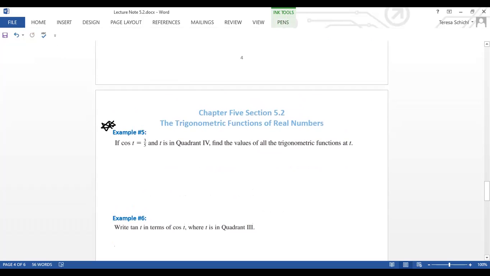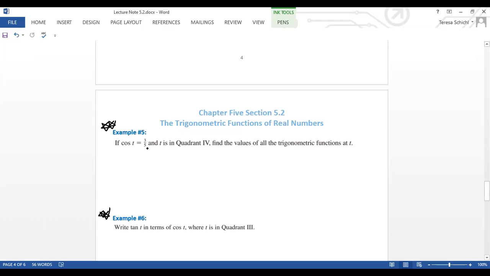We're going to have a lot of applications here, especially in calculus 1 and calculus 2, when you try to find the inverse of the cosine. They say if cosine t is 3/5 and t is in quadrant 4, find the value of all the functions of t.